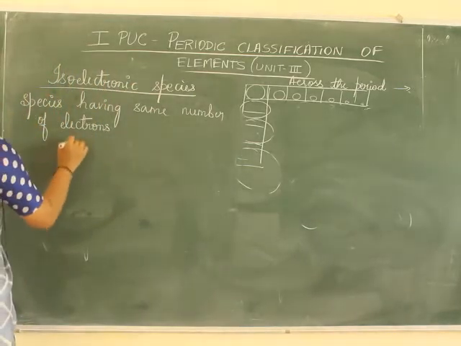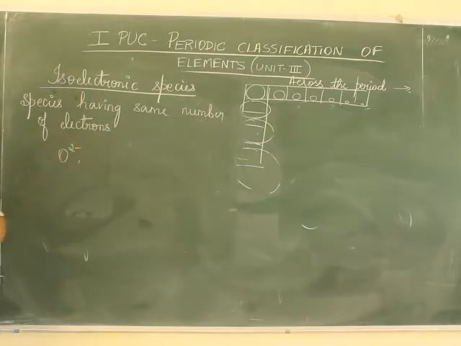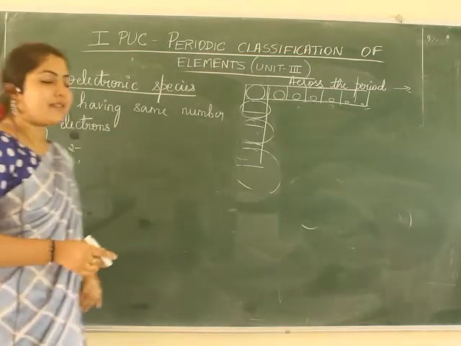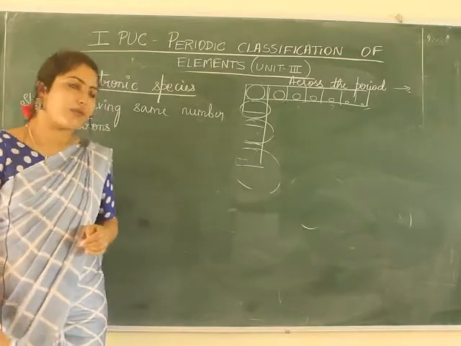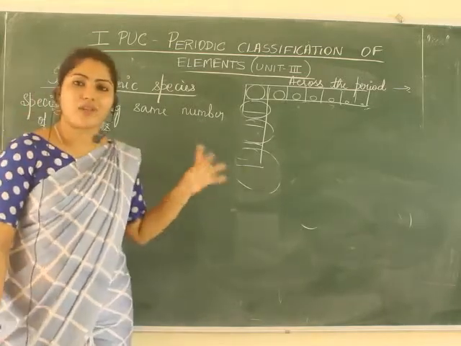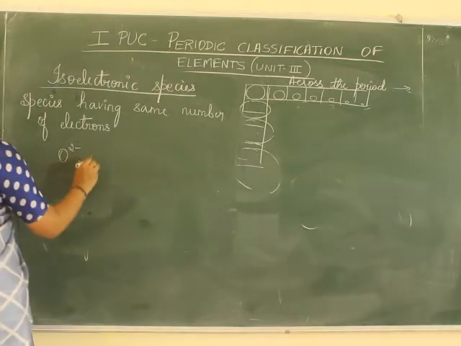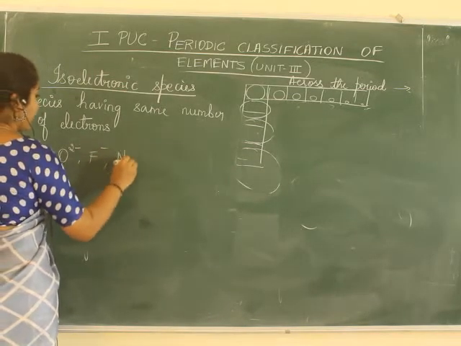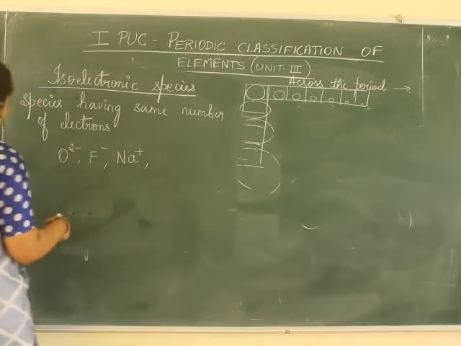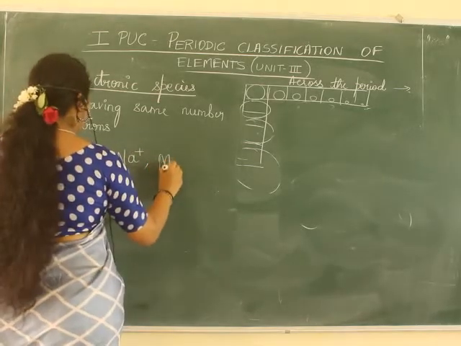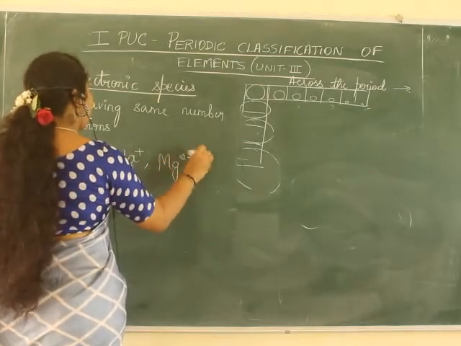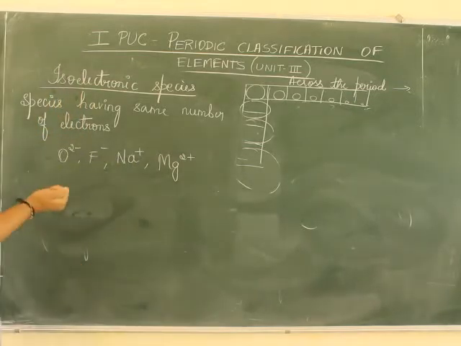Most common examples that will be asked for isoelectronic species. It's important for the competitive exams as well, because they can ask you questions based on isoelectronic species. O2 minus, F minus, Na plus and Mg2 plus. These are called as isoelectronic species.